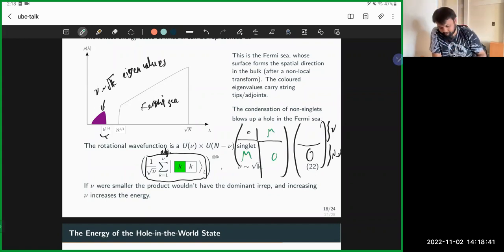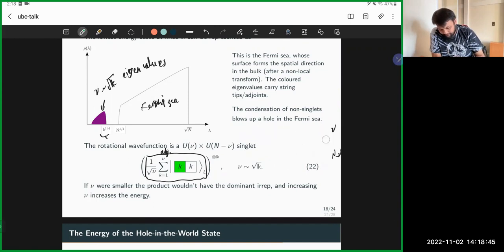Okay. And you take k copies of that because there are k adjoints. And that is the wave function of the string tips or the adjoints. If you didn't follow the argument for why it's a U nu cross UN minus nu singlet, don't worry about it too much. It's a fairly simple thing which I'm not explaining well.